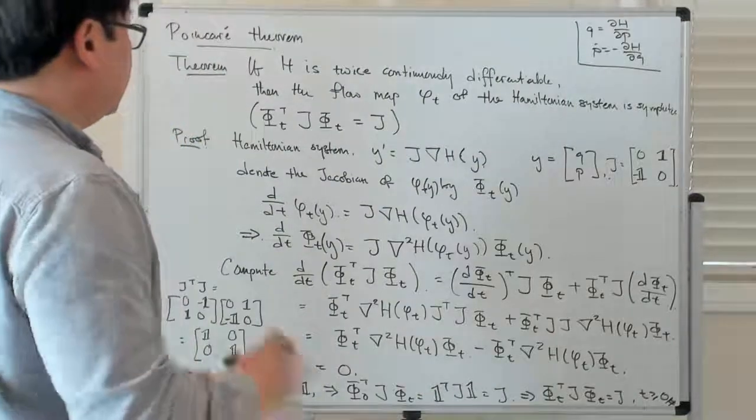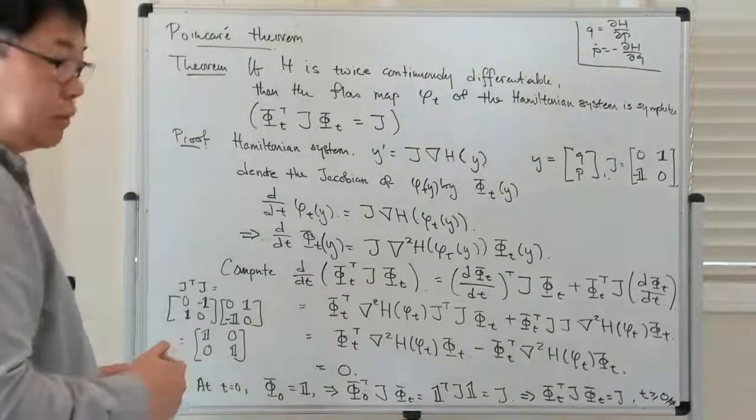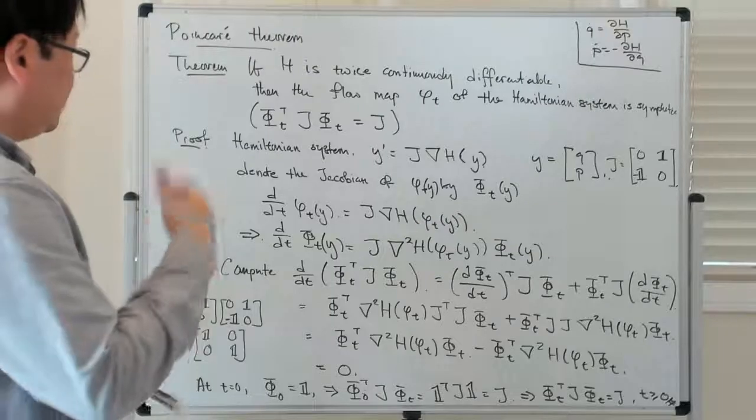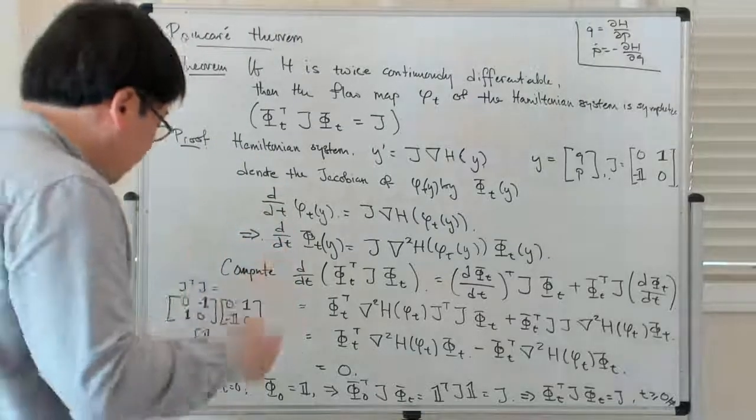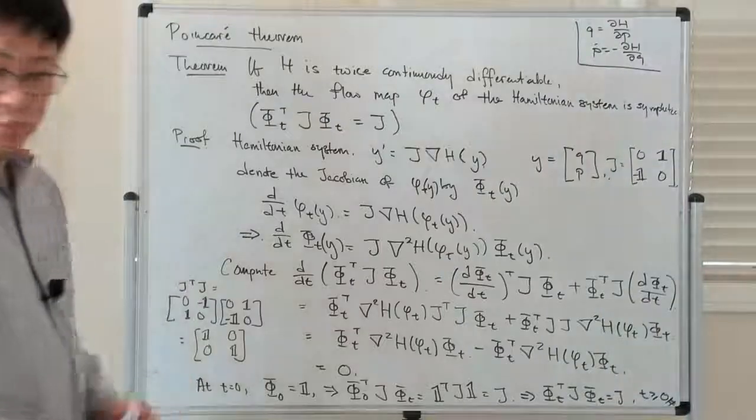So that shows Poincare's theorem, which says that the flow of a Hamiltonian system is symplectic. All right, so let's just stop here.